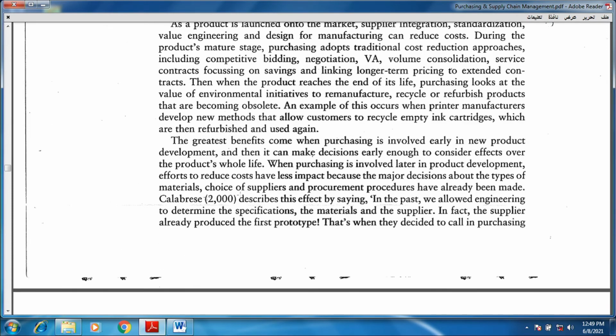The greater benefit also comes from involving purchasing in the early stages of product development, in the design, in the process of production, in the samples. We have the suppliers accompanying the purchasing department within the production department to better understand how we can add value: new designs, new modifications, new simplifications for the products produced by the organization.